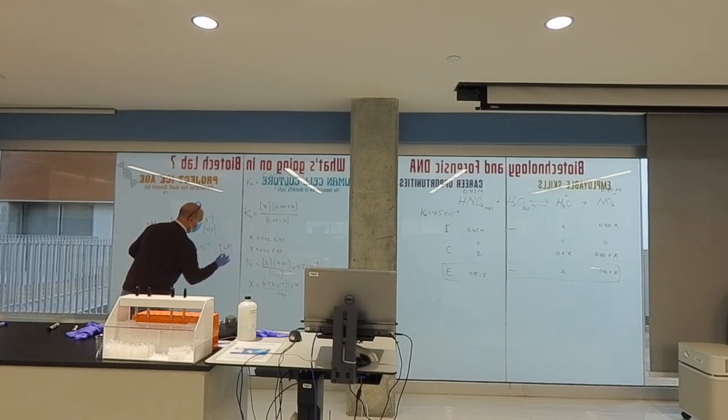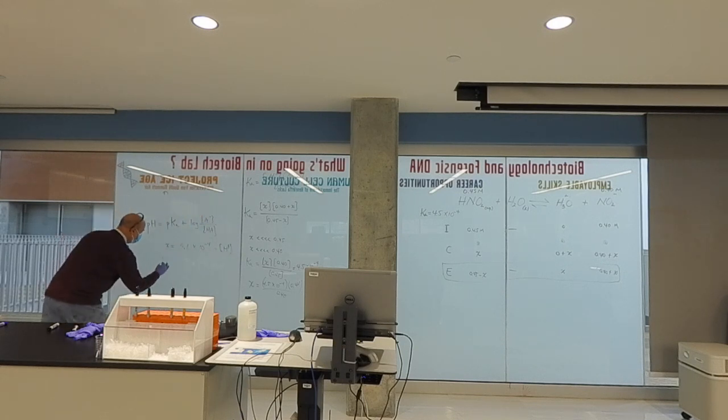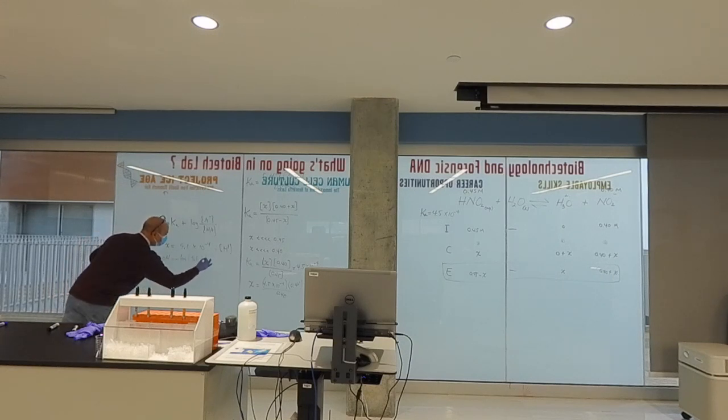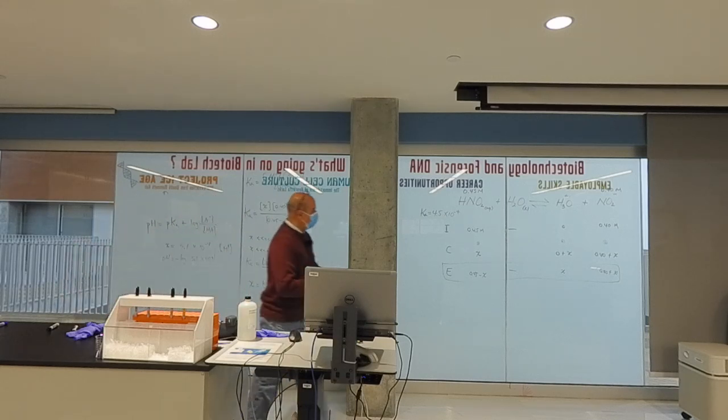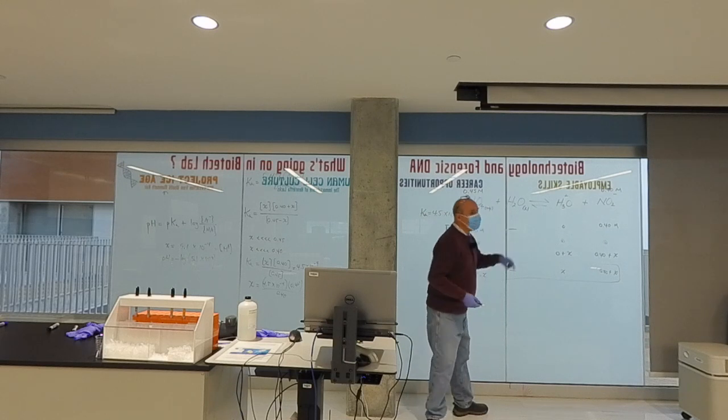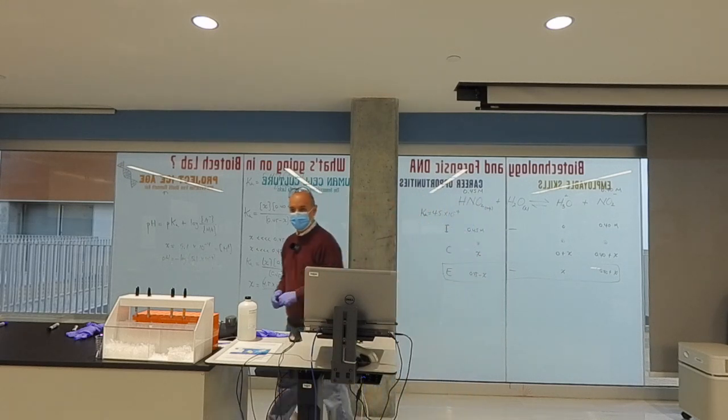H+. So now we can get the pH simply by saying negative log of that number, and you get an answer. And how did the ICE table help you? Well, you're going to see it with some of the homework problems.